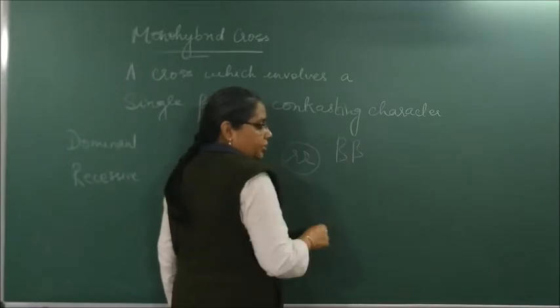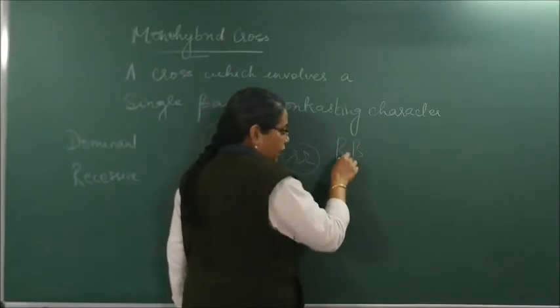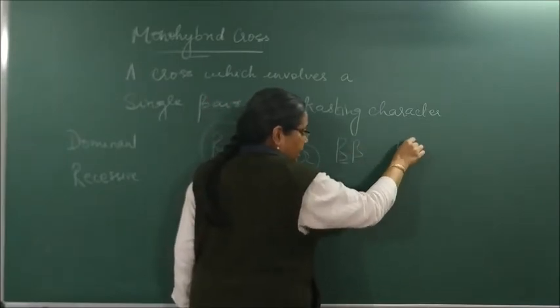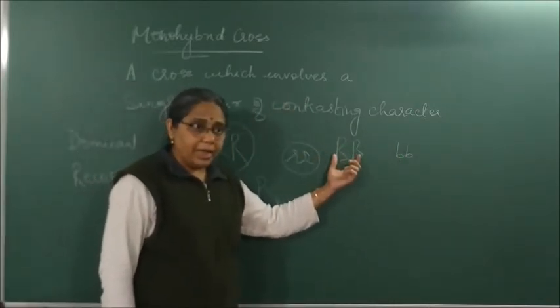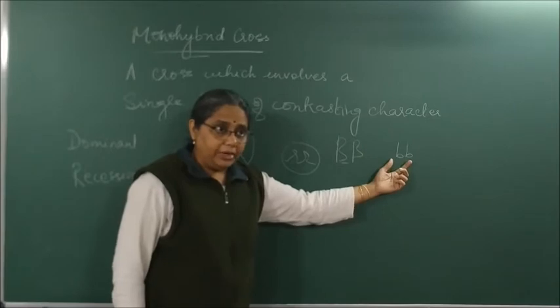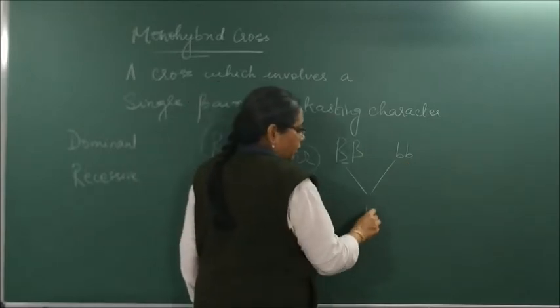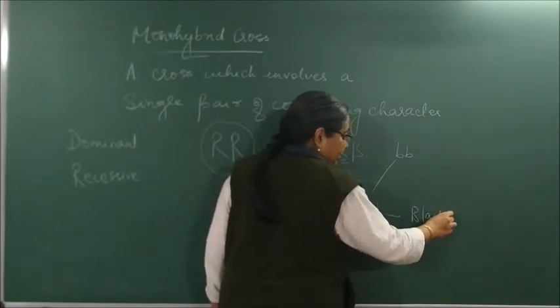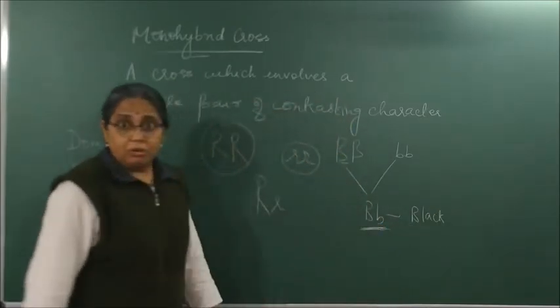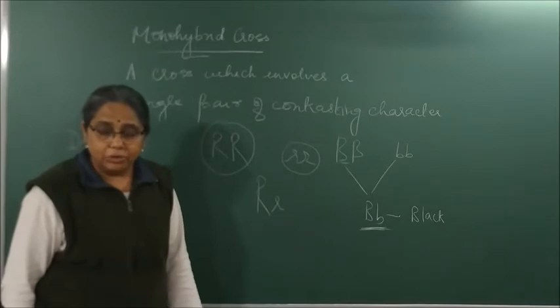How do I represent white? Not as WW, but the same alphabet in small letters, bb. Understood? This is pure black, this is pure white. The progeny will be black in color, but it has genes of white also. Did you get my point?